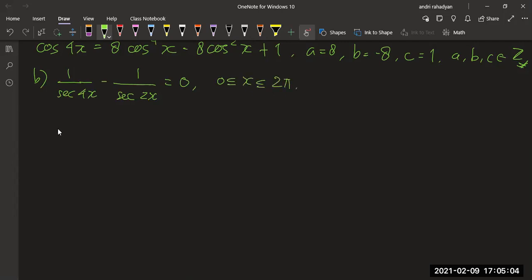All right, so it becomes cosine 4x minus cosine 2x equals 0. So find the values of x.